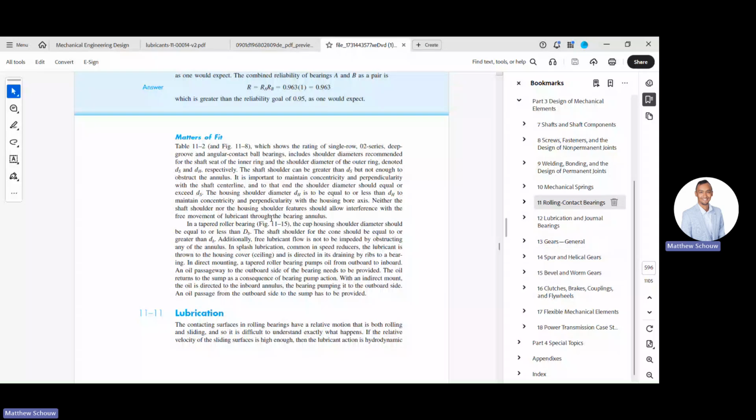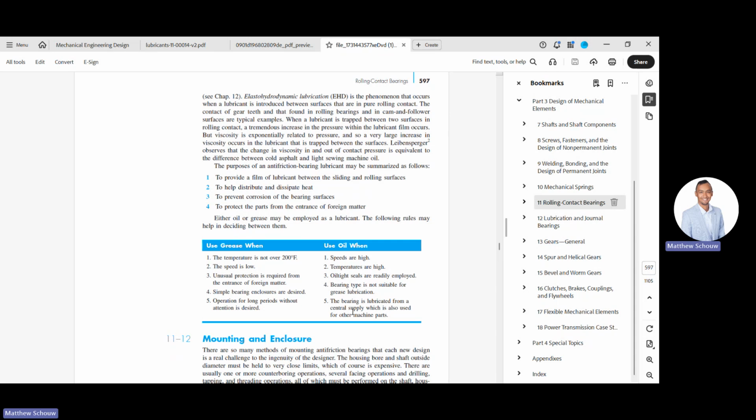To close off, I also want to mention lubrication, because you do lubricate rolling bearings as well. What's key is that we can either use grease or oil, depending on the conditions. On high speeds, we typically use oil. At lower speeds, you want to use grease, right?